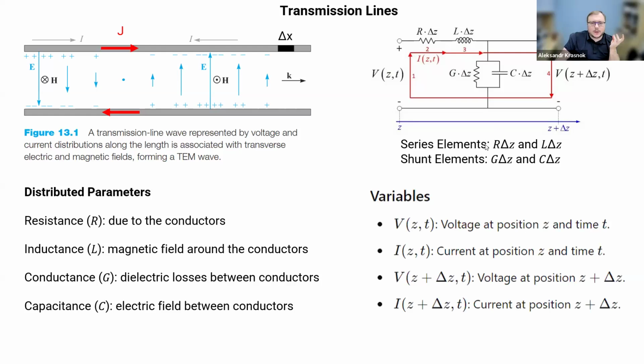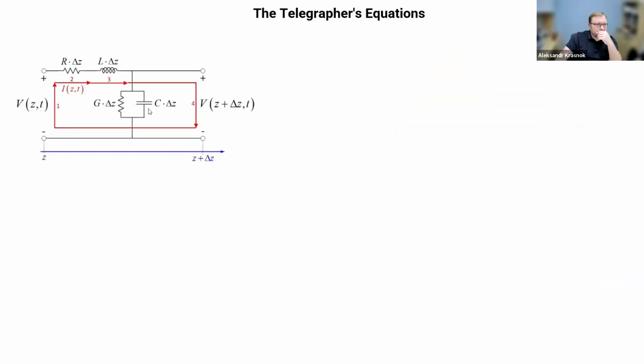The variables I am after are voltage and current on the left, and how they are connected to voltage and current on the right of this small element of transmission line. Having this circuit, I can now write Kirchhoff's voltage law.